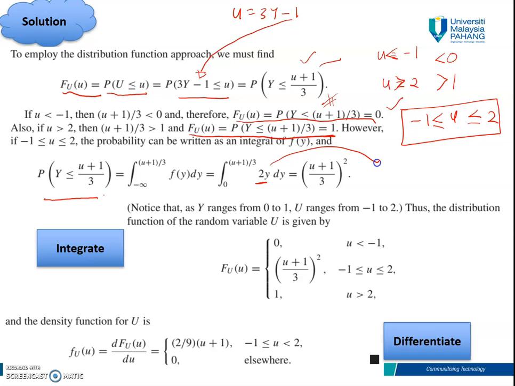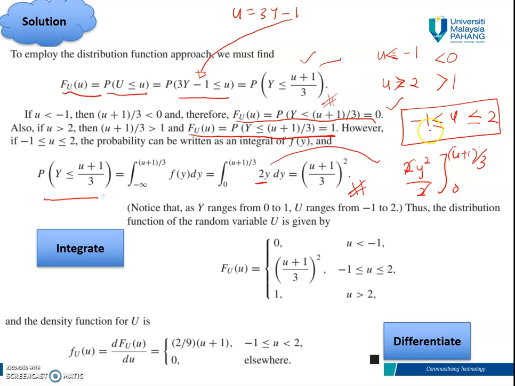When you integrate this one, you get 2y squared over 2, from 0 to (u plus 1) over 3. So this one you cancel. Finally, you substitute the value inside here and you get this equation. So notice that y ranges from 0 to 1, so u ranges from -1 to 2.